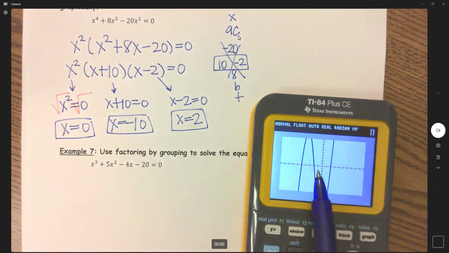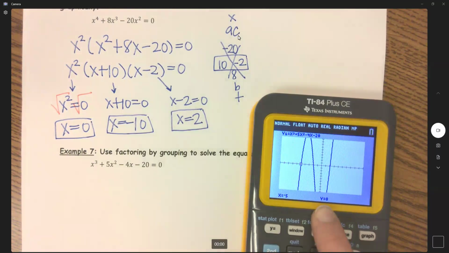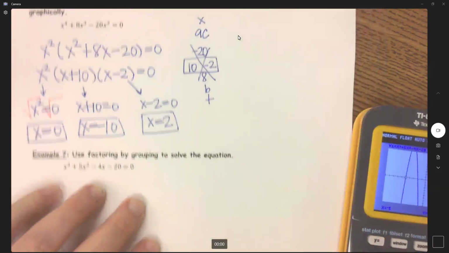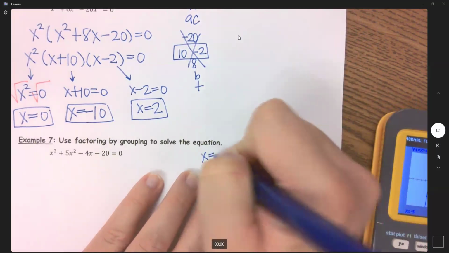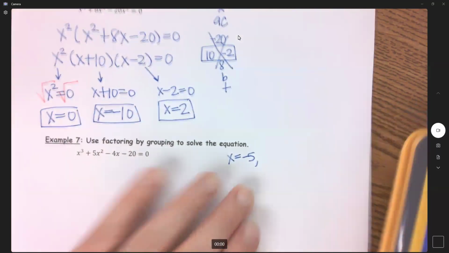So here, the furthest one is 1, 2, 3, 4, 5. So let's do trace 5 to verify that. Oops, that's negative 5, isn't it? So let's try negative 5. So y of 0. So I'm just going to write these off here to the side. We're going to get x equals negative 5.